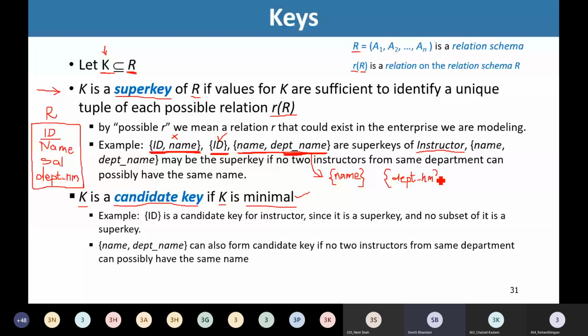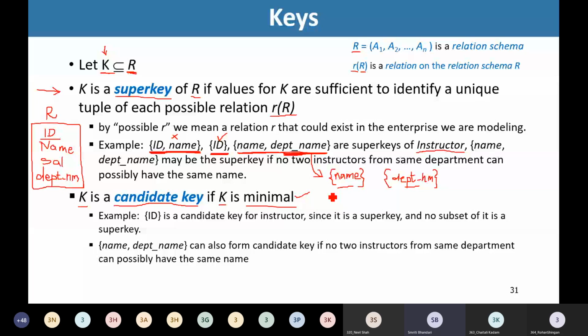Now, whether these subsets are also super keys, let us try to find out whether only name is a super key for the instructor. Anybody, please answer.